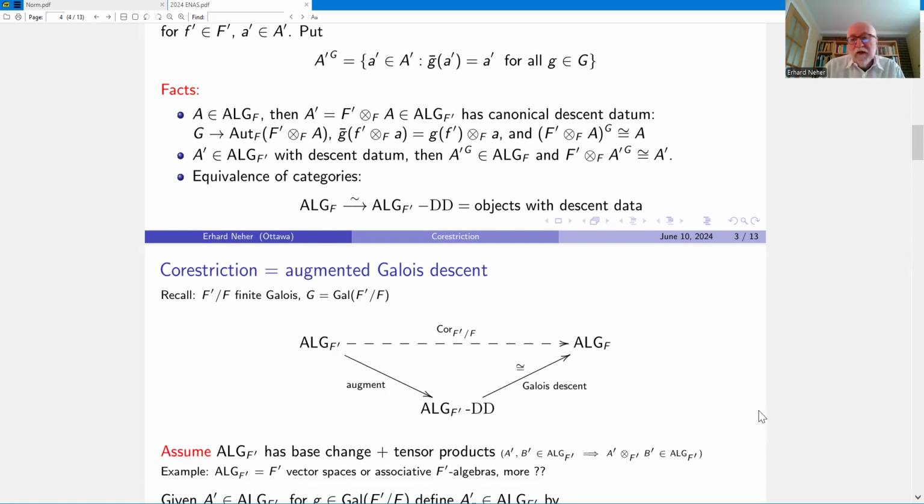Okay, so in order that this works, I need to assume that the category I'm considering has not only base change, but allows tensor products, right? So for example, if this Alg F prime consists just of F prime vector spaces, then this is no problem.